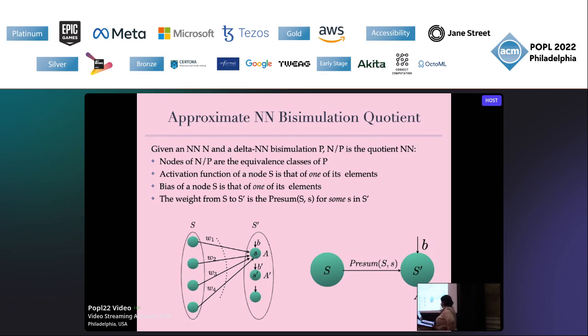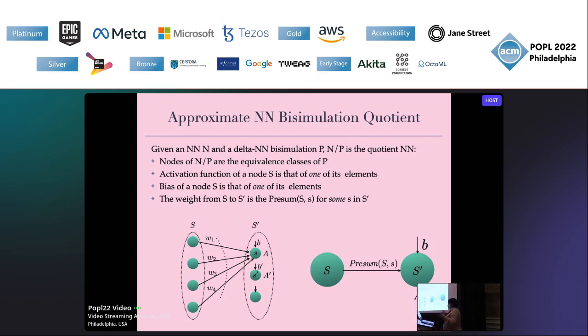But the biases might now be slightly different. So the way we assign a bias to the abstract node is we still just choose one of the elements and look at its bias and associate that. And similarly, for the presum, we just look at one of the nodes in that set and we assign its presum as the edge weight.